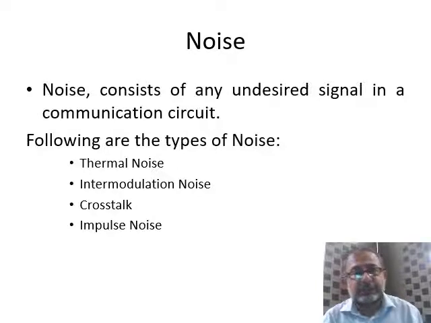The third factor of impairment is basically the noise. There are multiple types of noise, like thermal noise, intermodulation noise, crosstalk, impulse noise. Now, what is noise? Noise consists of an undesirable signal in a communication circuit.